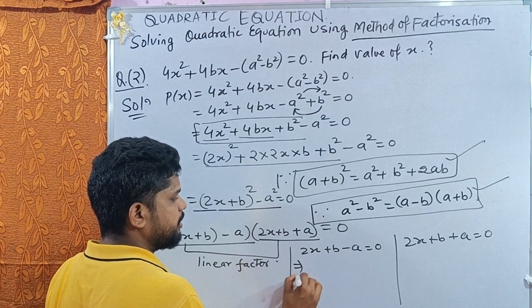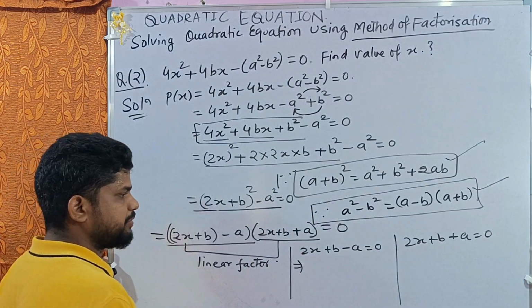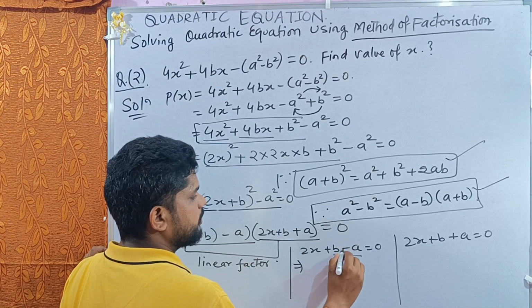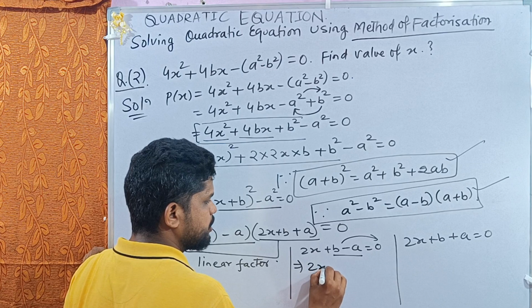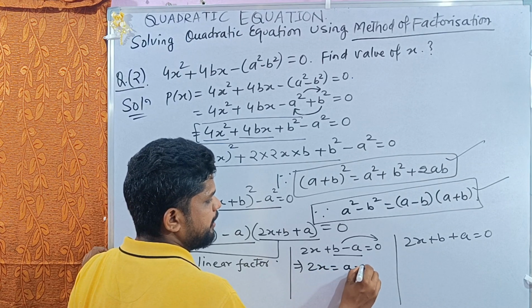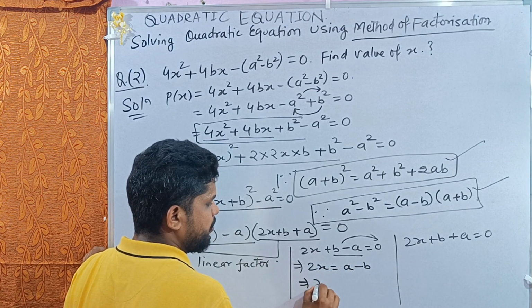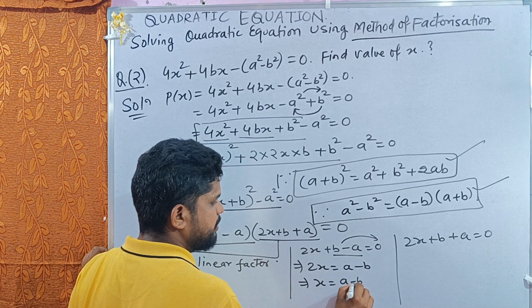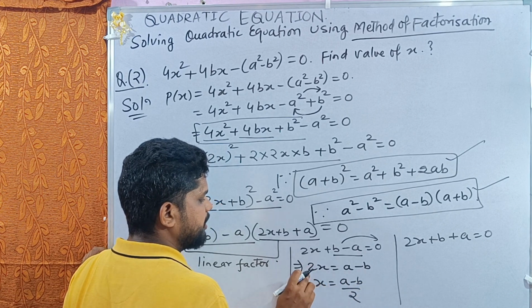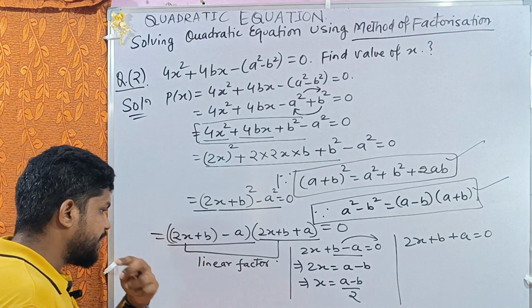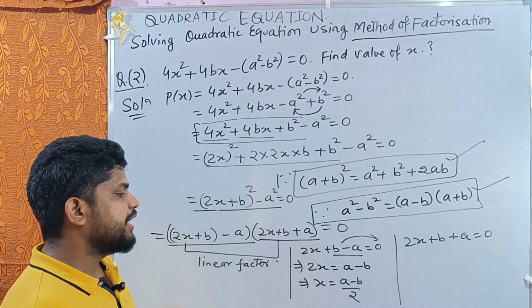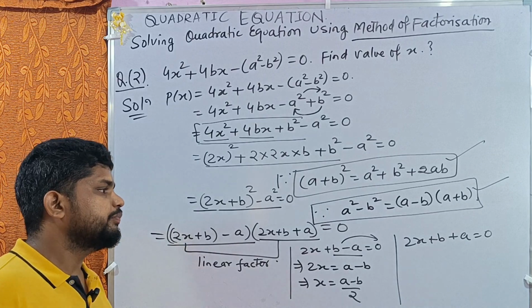Here the value of x will be, let me shift this expression to the RHS. I will get 2x is equal to a minus b. Here the value of x will be equal to a minus b divided by 2, by shifting this to the RHS. So multiply will change to divide, and the value of x will be a minus b divided by 2.